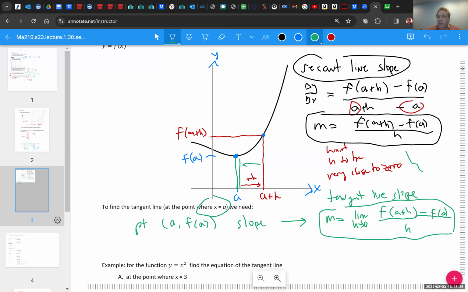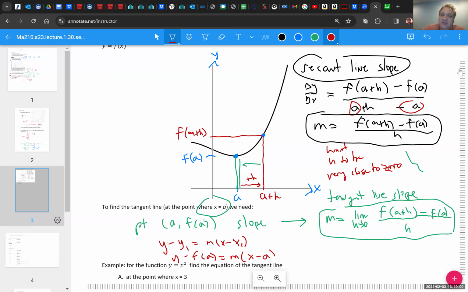y2 minus y1 over x2 minus x1, or f(a+h) minus f(a) over h, when h is very, very close to 0. And then we're going to use the formula that we normally use, which is y minus y1 equals m times (x minus x1). That's just x1. And you just fill in the y value, which is f(a), and the x value, which is a.